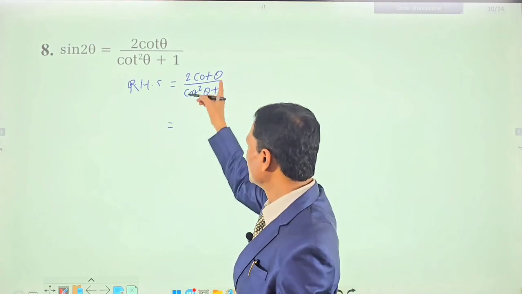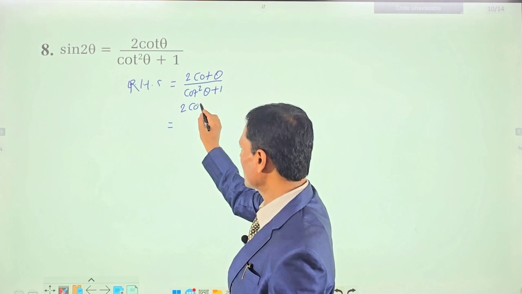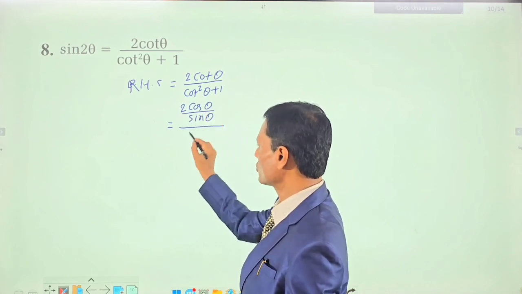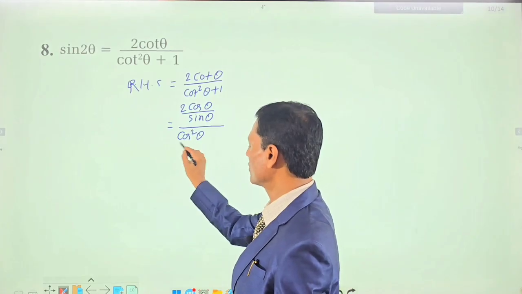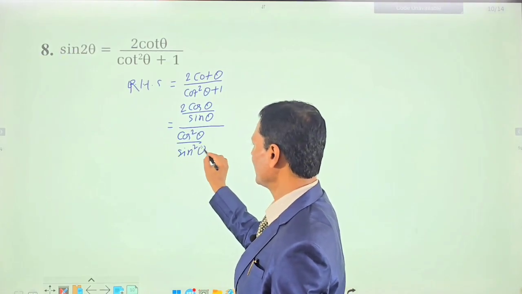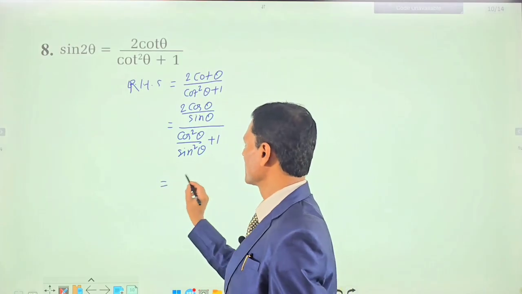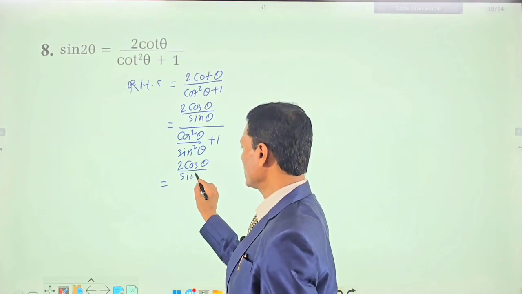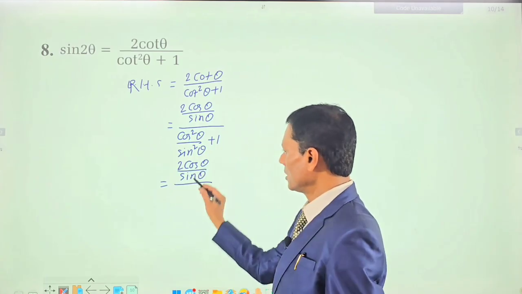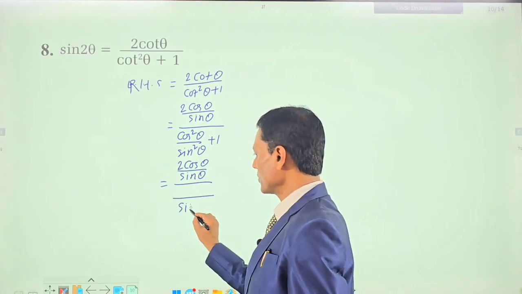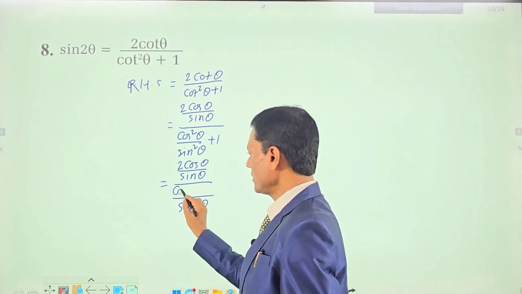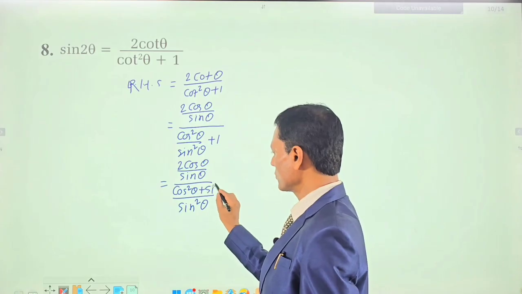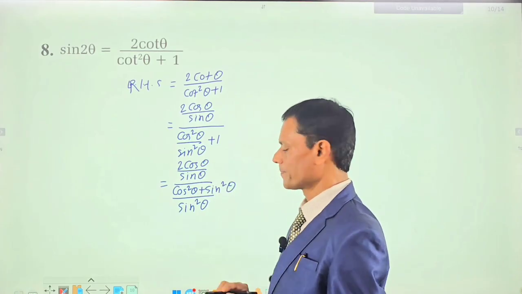Now 2 cot theta means 2 cos theta over sin theta, and cot square means cos square theta over sin square theta, plus 1. After that, 2 cos theta over sin theta over, here the LCM is sin square theta, then you can write cos square theta plus 1 into sin square theta means sin square theta, isn't it?